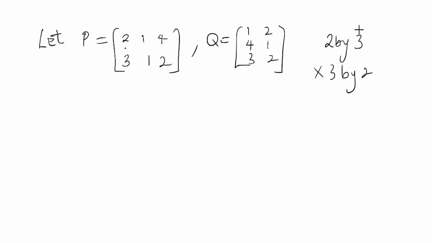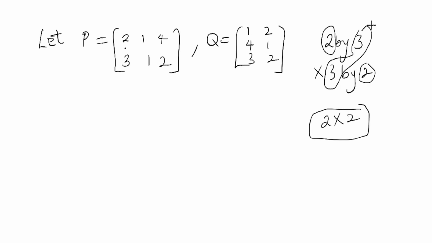Take note, the number at the end of the first matrix and the number starting the next matrix must be the same. And then the numbers at the outer ends give the result, so multiplying a 2 by 3 matrix by a 3 by 2 matrix, you are going to get a 2 by 2 matrix at the end of the day. It's like we are cancelling the inner numbers out to produce a 2 by 2 matrix.